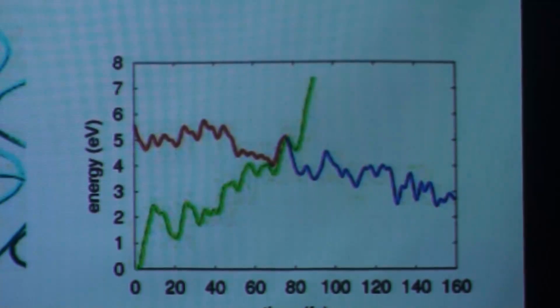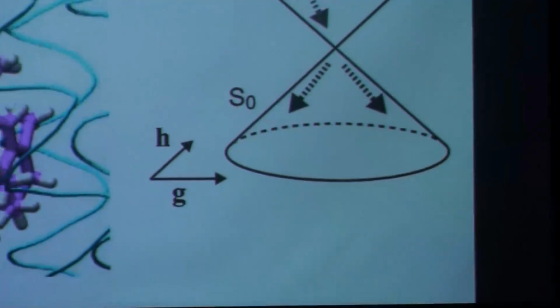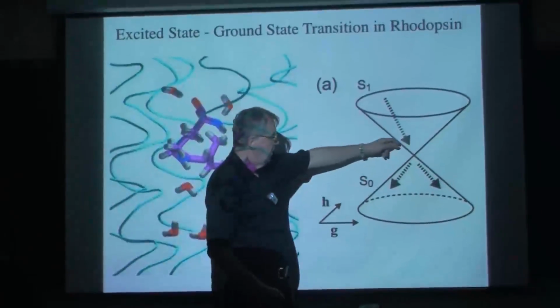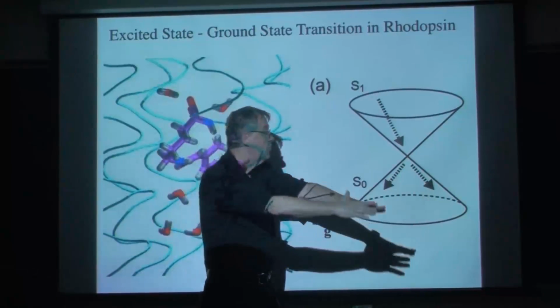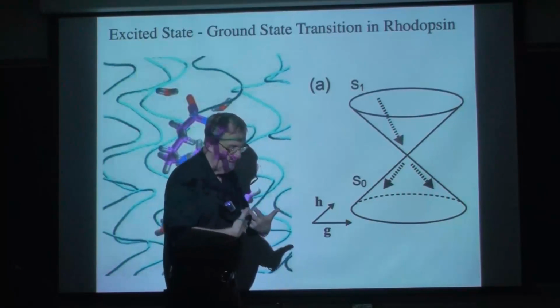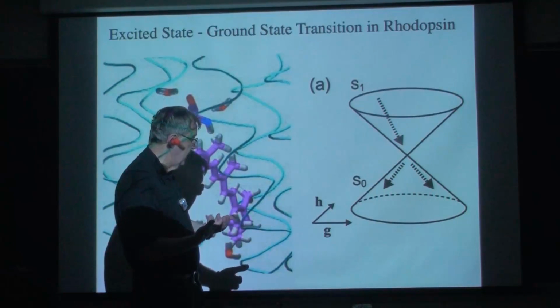And so this is what I show here when I show it now. So in this picture here, we come from the top to the crossing point, and now we would like to go to this side where we have a new ground state. We don't want to go to the old ground state, because in the old ground state, the molecule was not signaling.